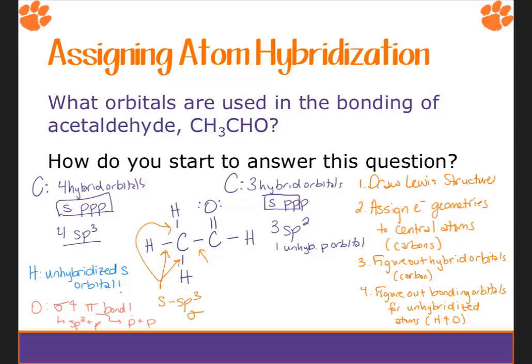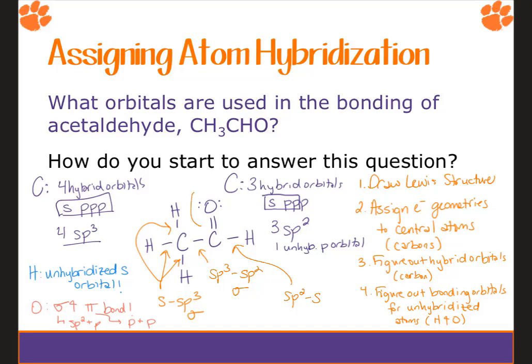If we look at this guy, we know that this carbon is bringing an sp3 hybrid orbital, and this guy's bringing an sp2 hybrid orbital. So this bond here is an overlap of your 2 hybrid orbitals to again make a sigma bond. The right-hand carbon with its sp2 hybrid orbitals is overlapping with the s unhybridized orbital of the hydrogen.